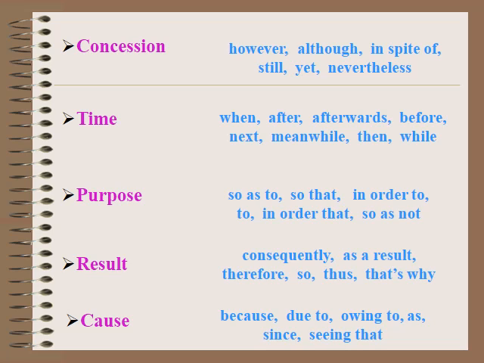Connectors of purpose: so as to, so that, in order to, in order that, so as not to. Connectors of result: consequently, as a result, therefore, so, that's why. Connectors of cause: because, due to, owing to, as, since, and so in that.